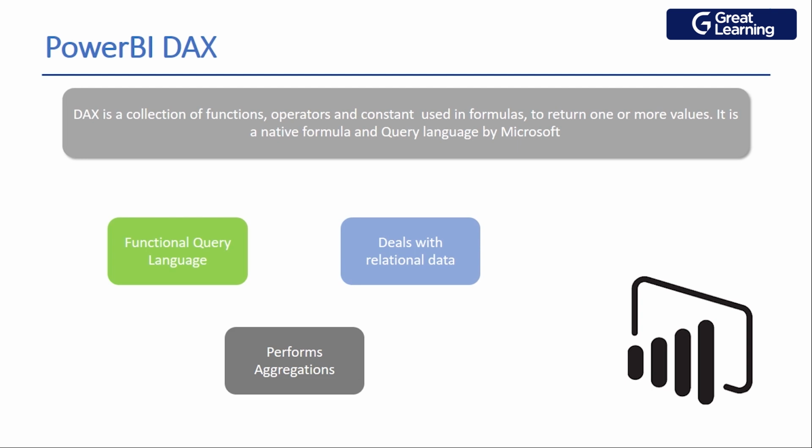To start with, DAX is a functional query language, so you can create certain functions to generate results. It deals with relational data. Yes, obviously, if you talk about something like Power BI, we are always concerned with relational data, and it helps you perform aggregations. This is something we'll see as we get into the demo part.